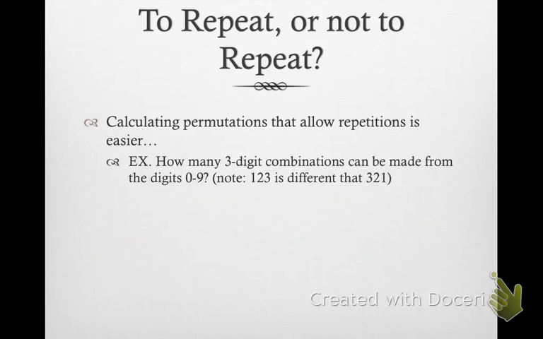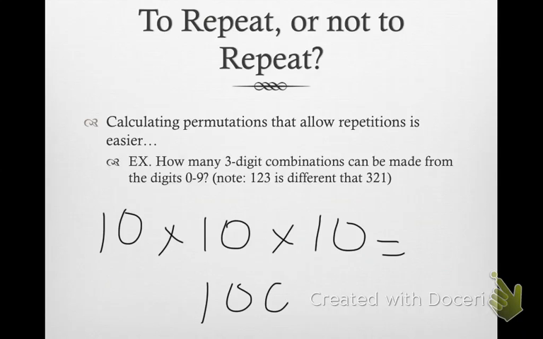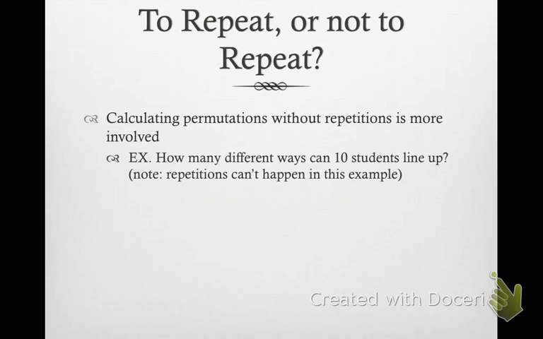So if we allow repetition, we have 10 ways of making the first digit, 10 ways of making the second, and 10 ways of making the third, so we get 1,000 ways of making the combinations. If we do not allow repetition, so in this case, how many different ways can 10 students line up?